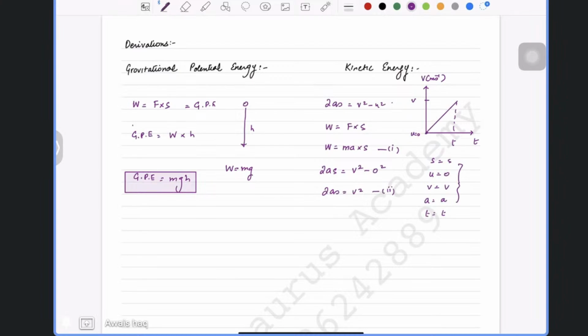If you look at this, I can write this equation as as equal to v square over 2. Can I do that, please? As is right here, and as is also right here. If I put this back, work done can be written as m times v square over 2, so half comes out, half mv square, and that's kinetic energy.